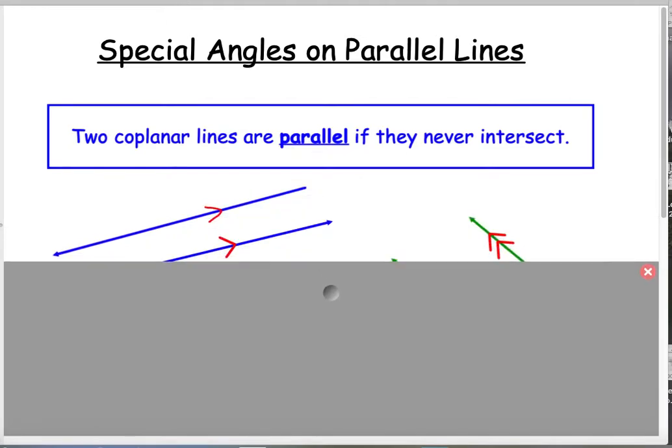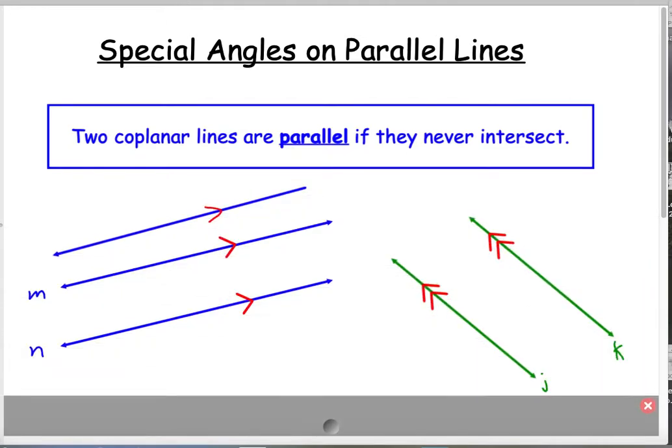All right, so for example, I have a picture here of some parallel lines, and the blue lines are all parallel, and the notation that we use to show that they're parallel are these little red arrows. And let me make my own arrow so I can point to these.